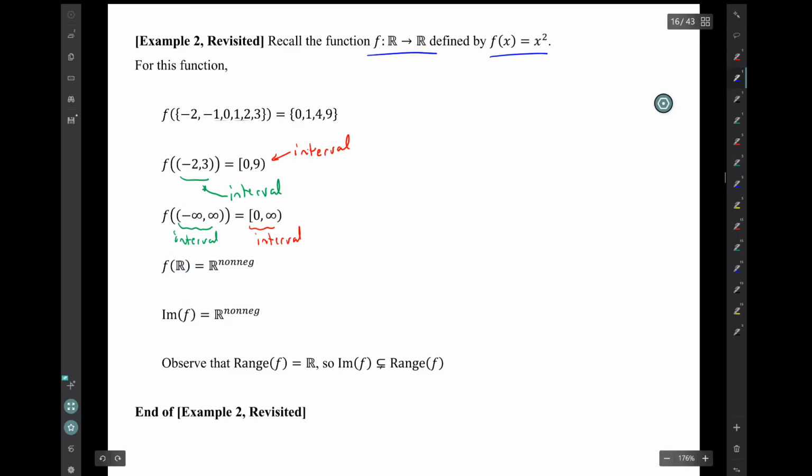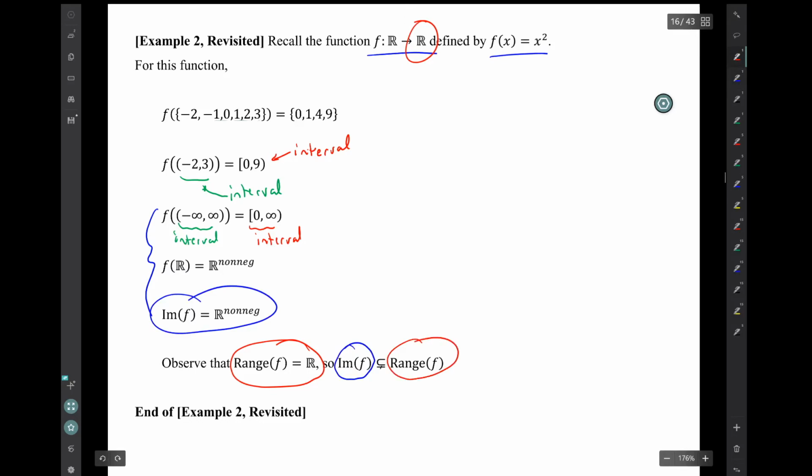So all three of these things denote the same thing. Notice that the range of f, way up here in this symbol, the range of f is the set of all real numbers, whereas the image of f is the set of non-negative real numbers. So the image of f is not equal to the range of f.